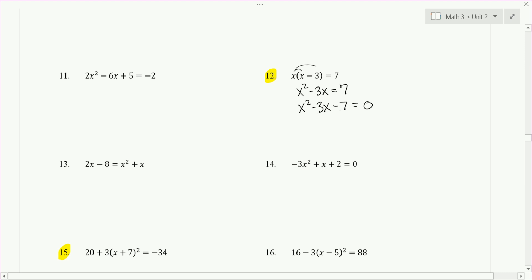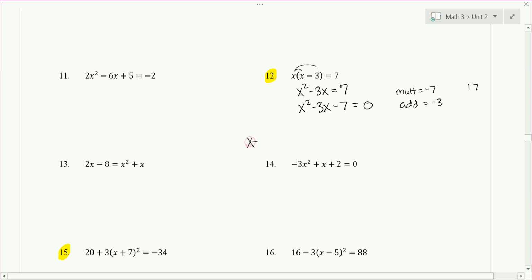Here we have a trinomial where the leading coefficient is 1, so we are looking for two numbers that multiply to negative 7 and add to negative 3. The factors of 7 are 1 and 7, and that's it. And we're not going to get a negative 3 out of that, so this does not factor. And so we're going to use the quadratic formula.